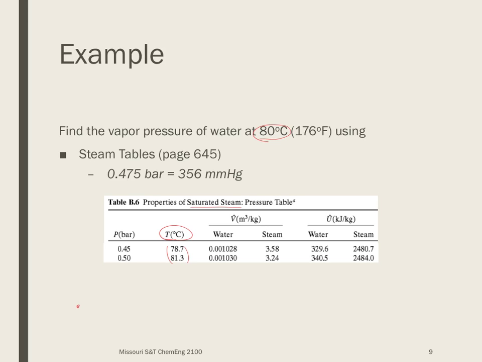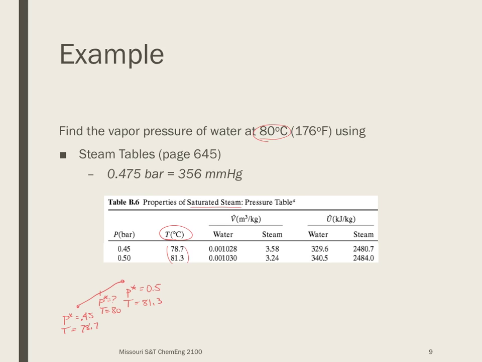Now, interpolation, you'll recall, says that I have a point where P star is 0.45 and T is 78.7, and I have another point where P star is 0.5 and T is 81.3, and I'm going to fit them with the correct line and say, well, P star equals what when the temperature is 80?